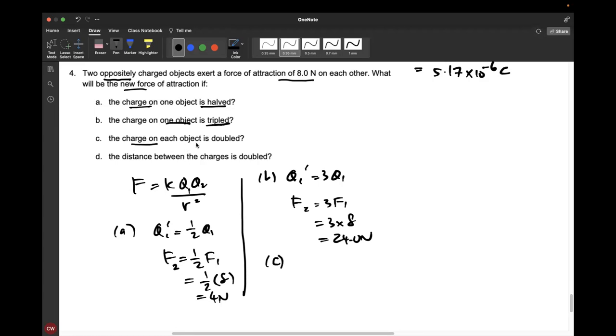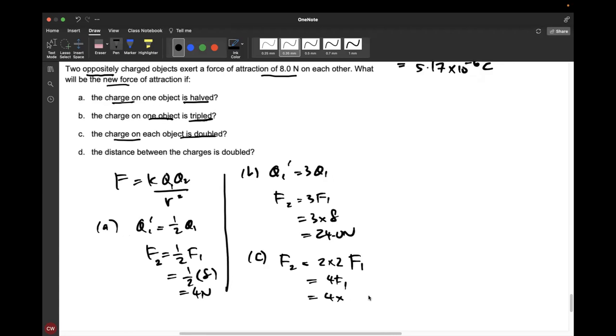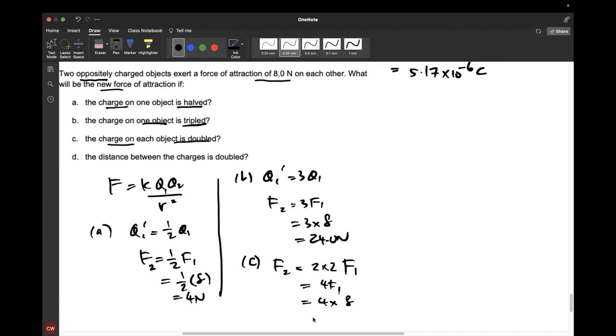If the charge on each one of them is double, the new force will be double for 2 times. That means 2 times 2 is 4 times original. So it becomes 32 Newton.